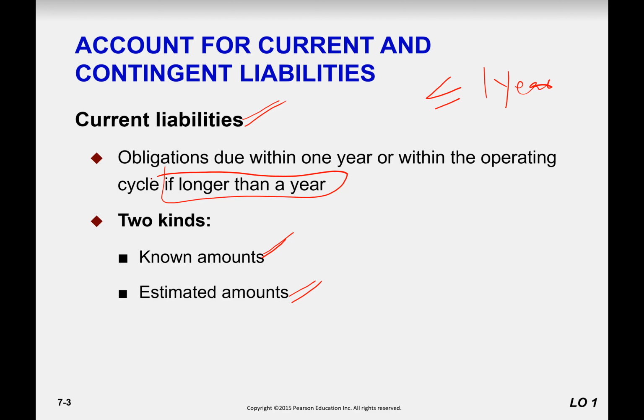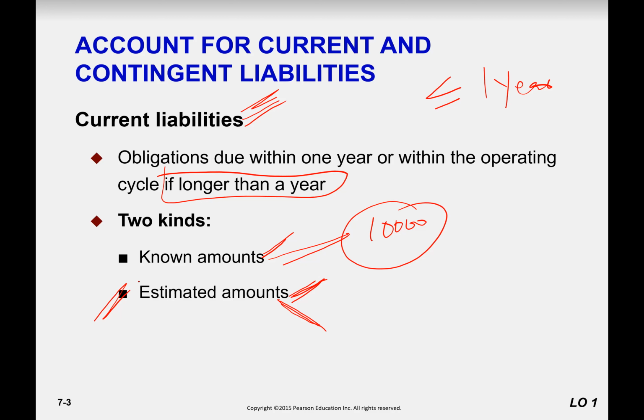So we have two kinds of current liabilities. Known amount, in which we have set figures. For example, I need to pay 10,000 to my suppliers, so the amount is known. But some liabilities we estimate the amount. I'm just going to give you a little taste of this concept. For example, warranty claims.